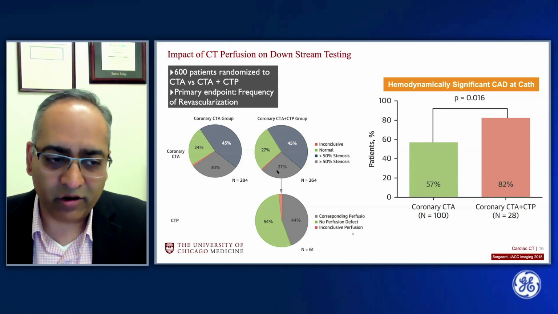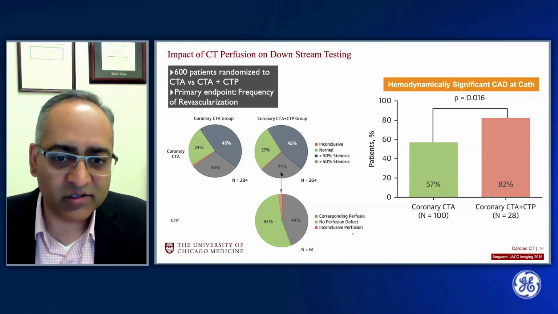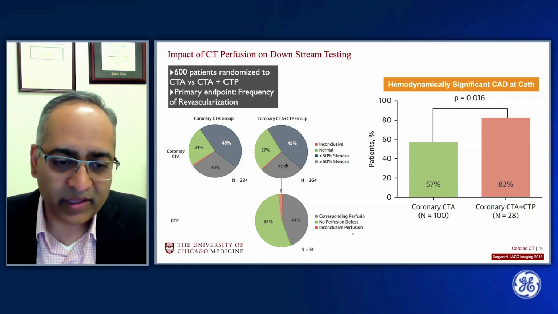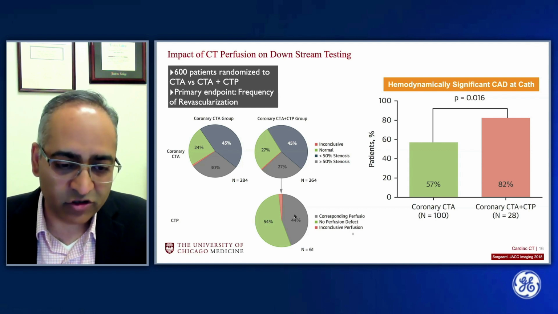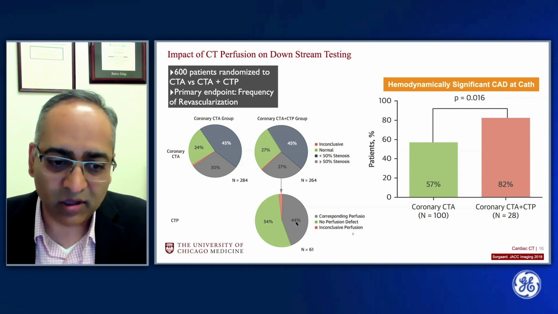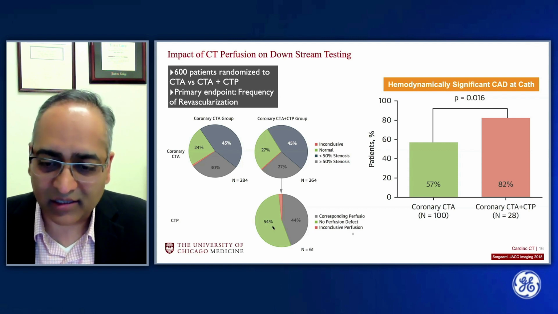Between a quarter and a third of the patients in the study had coronary stenosis greater than 50%. When these patients underwent stress testing, roughly half of them had concordant perfusion defect or ischemia in the territory distal to the stenosis, and half did not.